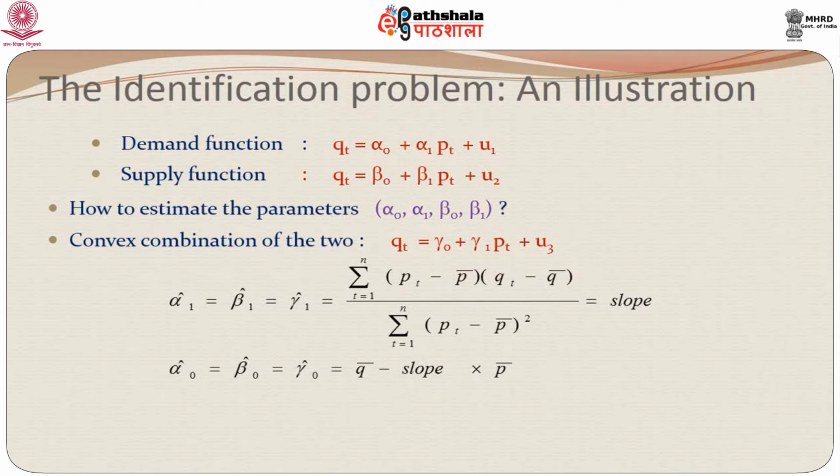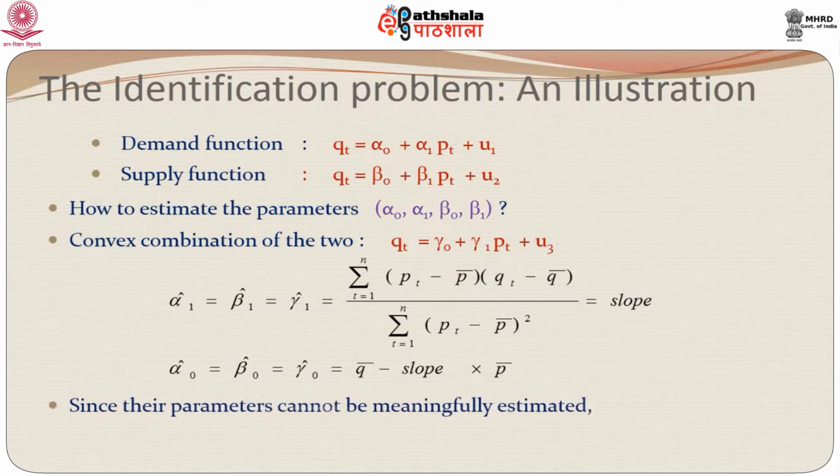So, once we get this slope, it can stand for alpha 1, it can stand for beta 1, it can stand for gamma 1. Similarly, for the intercept alpha naught, beta naught and gamma naught, all three would be given by the same intercept, q bar minus slope into p bar. In that case, we say that the parameters cannot be meaningfully estimated.